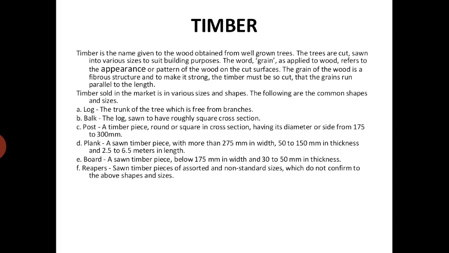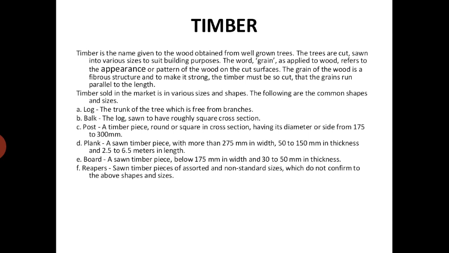Timber sold in the market is in various sizes and shapes. The following are the common shapes and sizes. Number 1, log: the trunk of the tree which is free from branches.